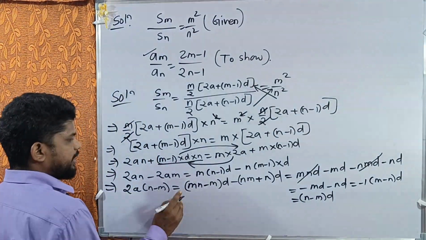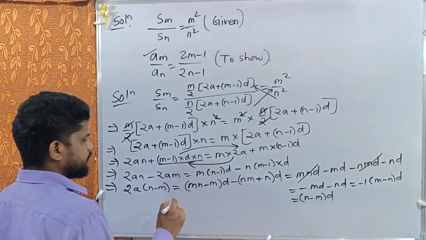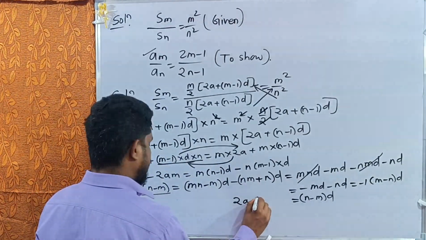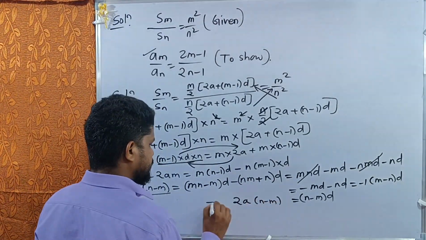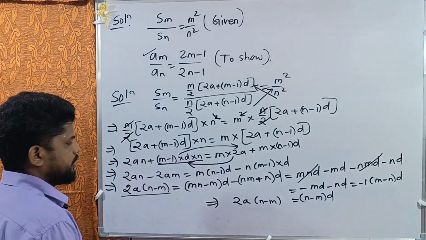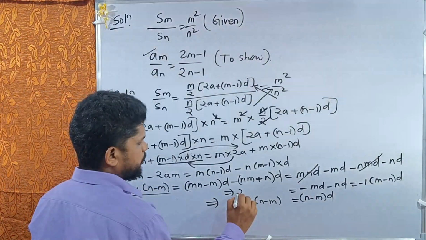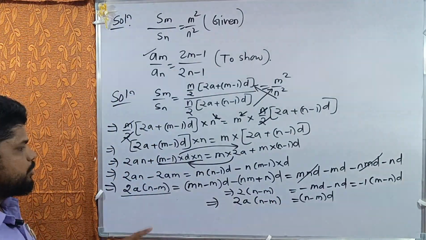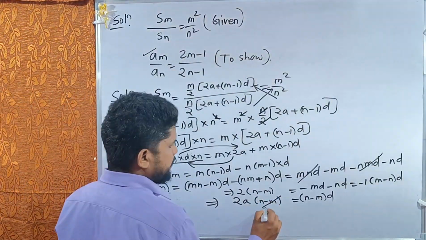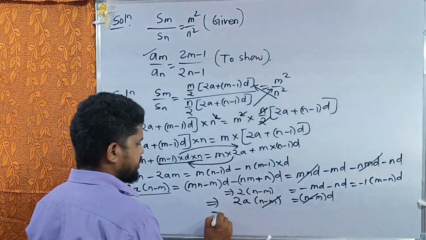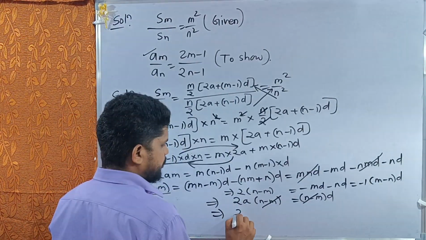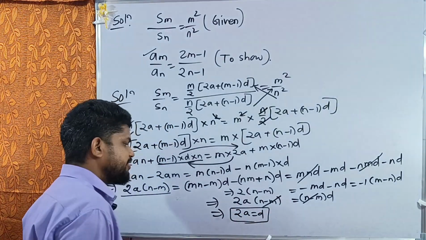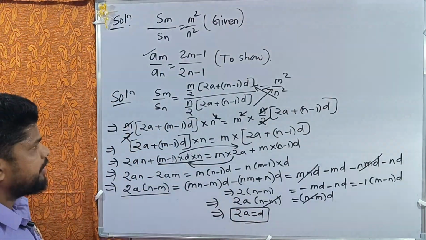The LHS part is 2a into (n minus m), so (n minus m) gets cancelled out, and this gives 2a equals d. That means the common difference d is equal to twice of a.